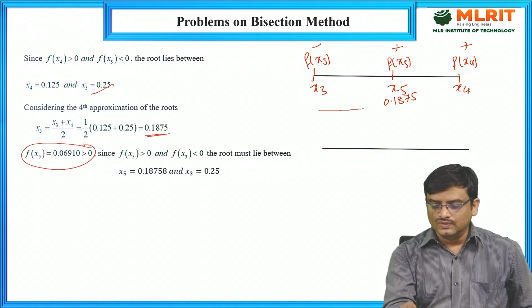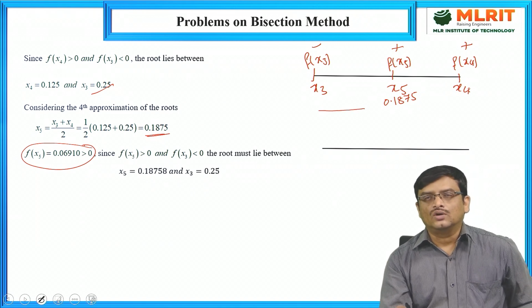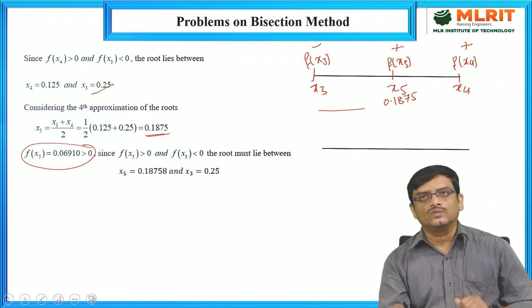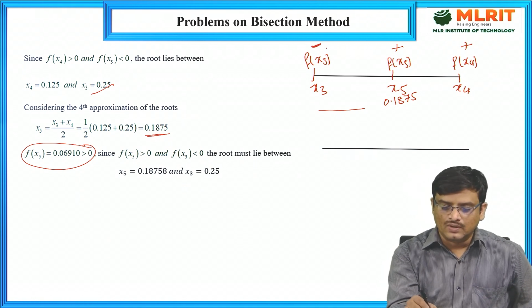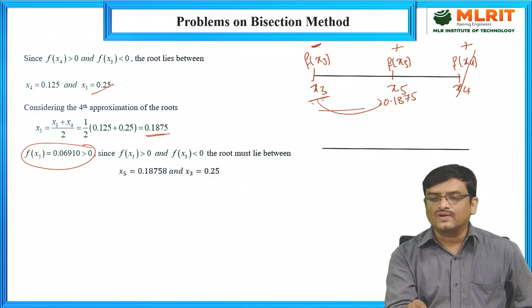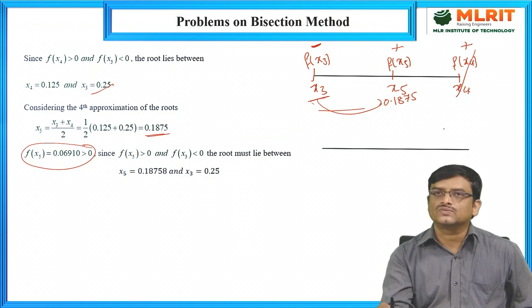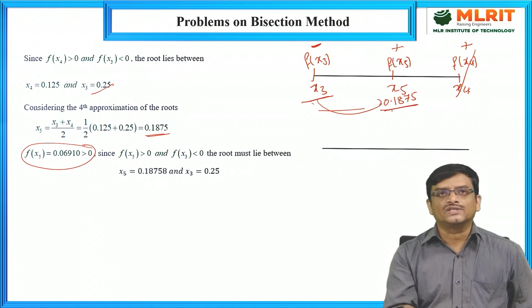Now if you observe this, we have two positive signs and one negative sign. Out of these two positive signs, we have to remove the one which is far away from the negative sign, that is x3. For x3, the nearest value is this one. This x4 is far away from x3, so you neglect x4 and consider x3 and x5 for the next approximation.